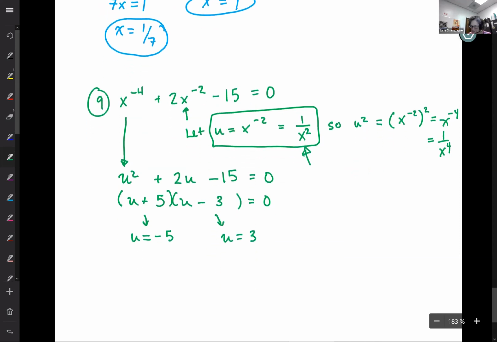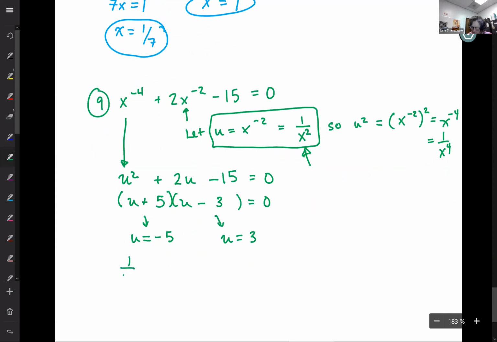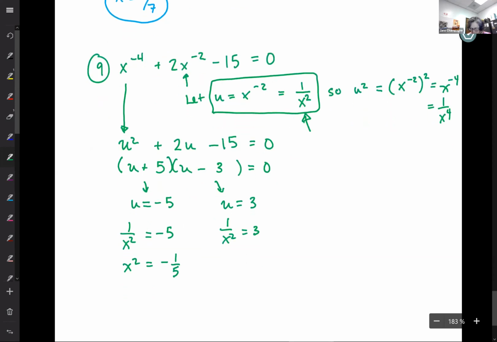So let's see. 1 over x squared is equal to negative 5. 1 over x squared is equal to 3. So that means we need to reciprocate and take plus or minus the square root of each number. So that's going to be plus or minus 1 over root 5i.